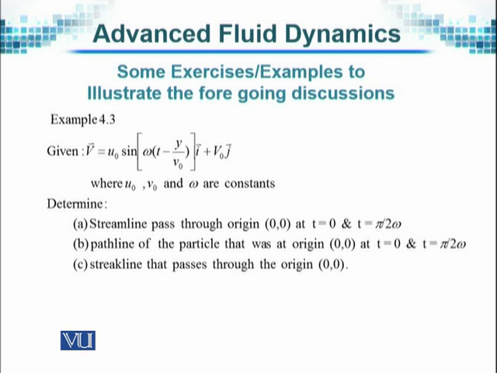Here we have not only the initial conditions, but the question also requires that when we calculate the equations, we make sure that they pass through certain points at a certain time.